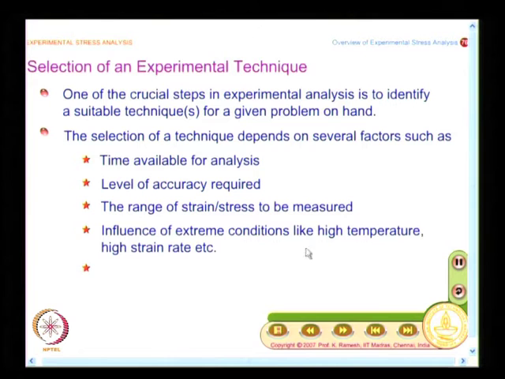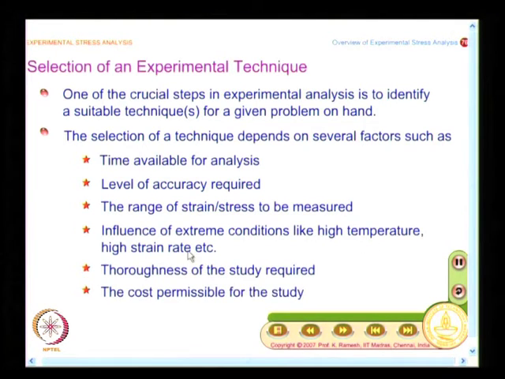and extreme conditions like high temperature, high strain rate, etc. Suppose somebody wants to analyze re-entry vehicles, which is becoming very common these days. Several countries are trying to develop such technologies, and you need to find out what is an appropriate technique.